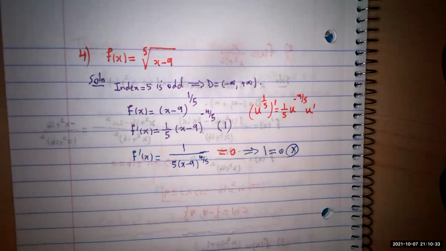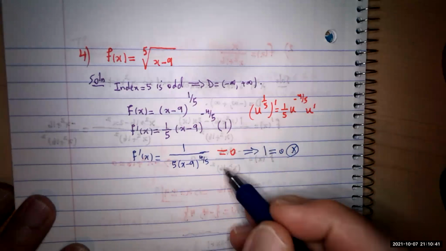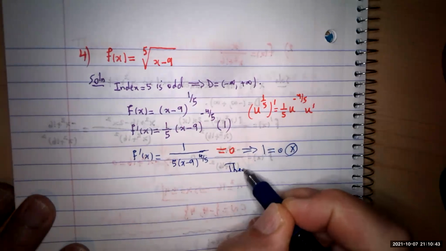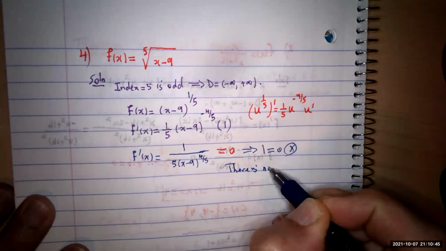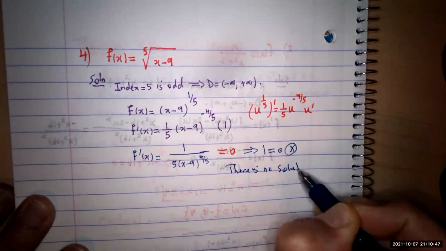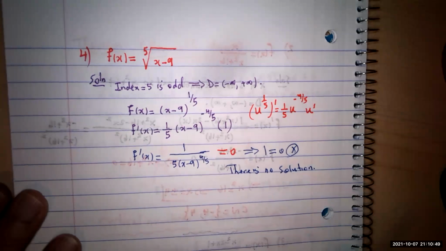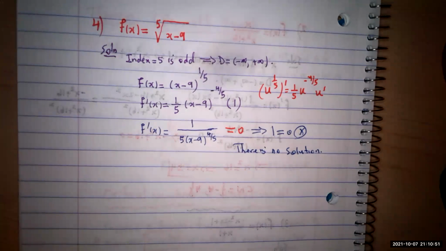Okay, so we get no solution when you put f prime equal to 0. And most of the people, when we get to this part, they say there is no critical number, which is not true.